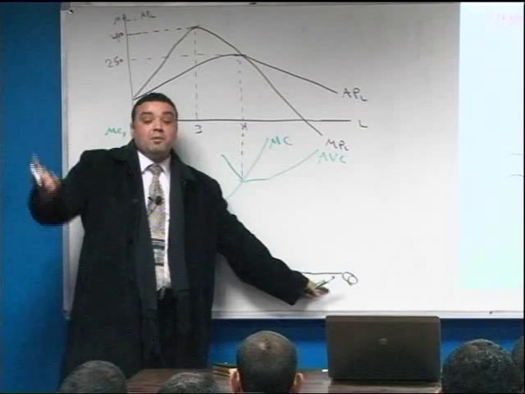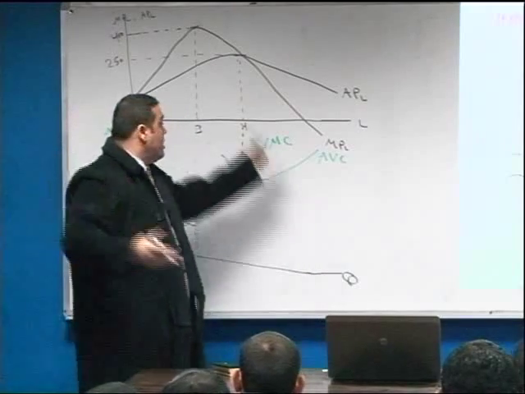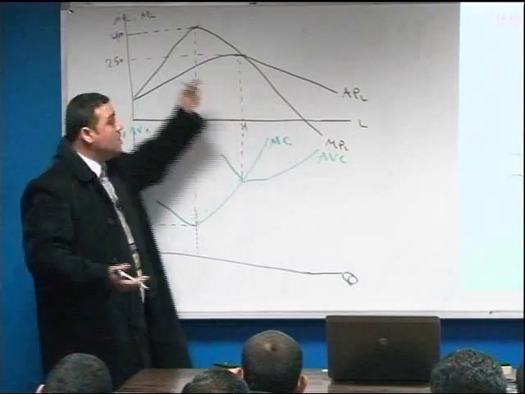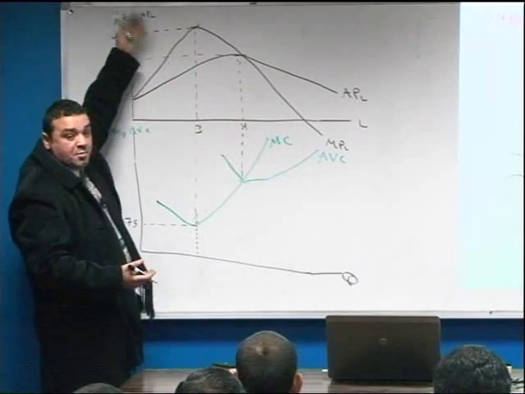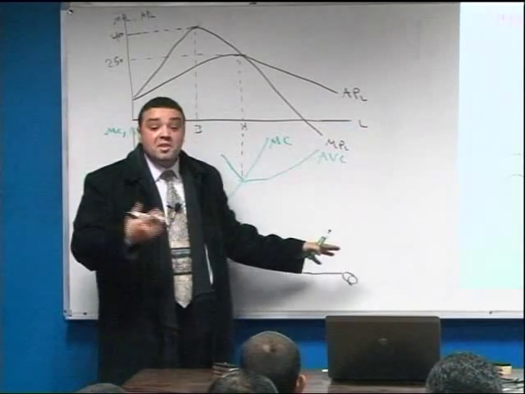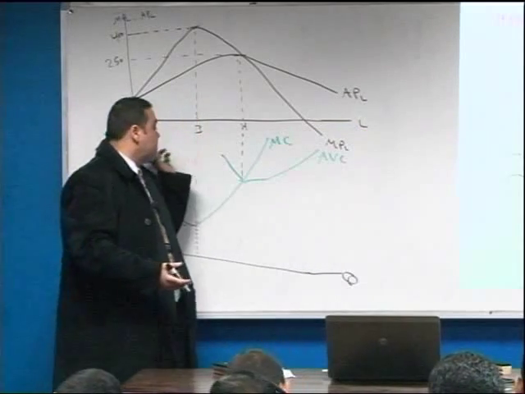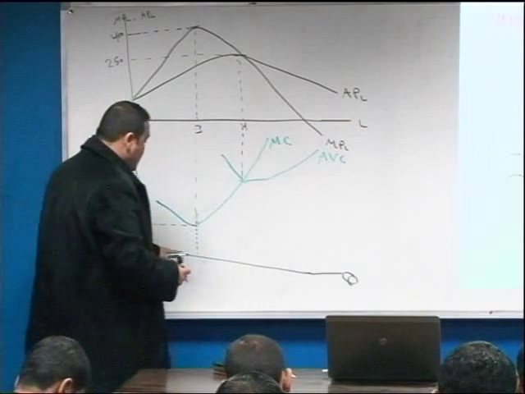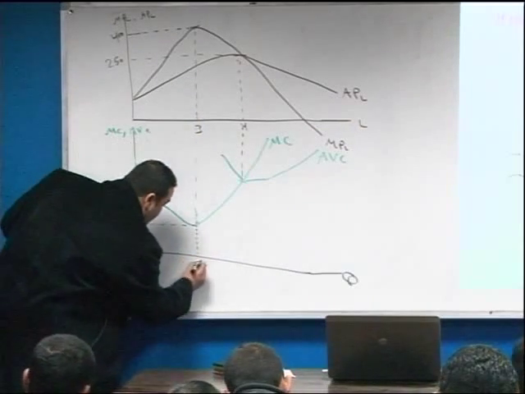But in the labor market, when we talk about the average product of labor and marginal product of labor, we talk about the production and the number of workers. But here we're talking about the quantity produced and the cost, right? So in this case, Q equals 700.